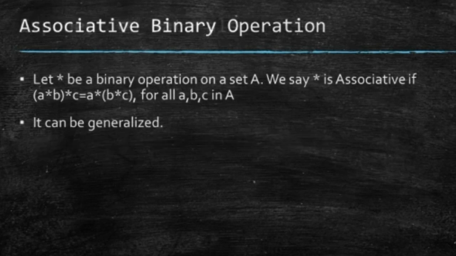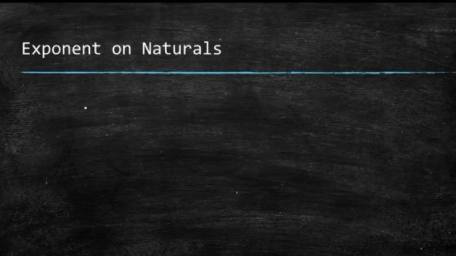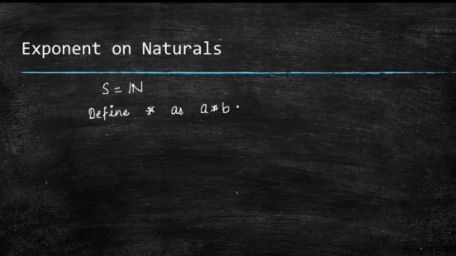Next comes an example, exponent on naturals. So suppose your given set S or given set A is the set of naturals, and you are defining star as A star B is A raised to the power B, right?